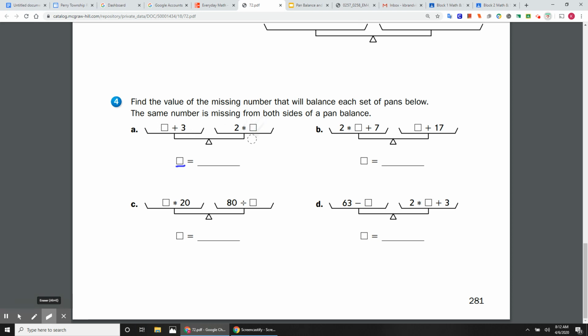Let's try 3. So 3 plus 3 equals 6, and 2 times 3 equals 6. So the square equals 3. Okay, go ahead and complete B, C, and D. You will pause your video, and when you resume your video, then I will show you the correct answers. So go ahead and pause now.